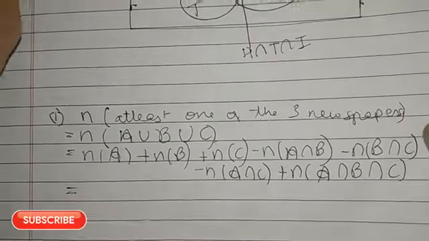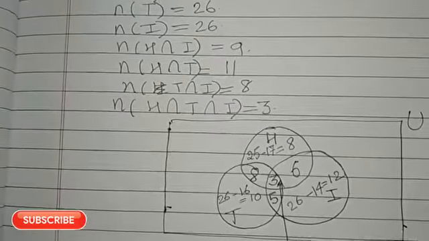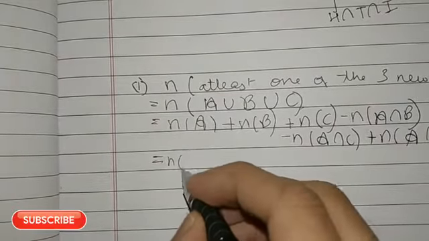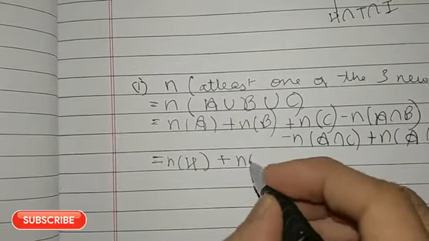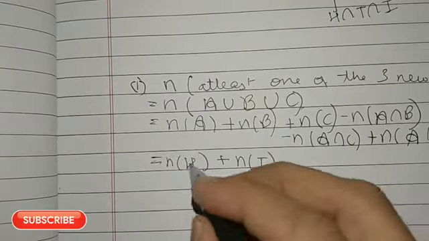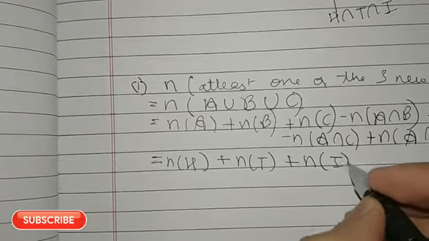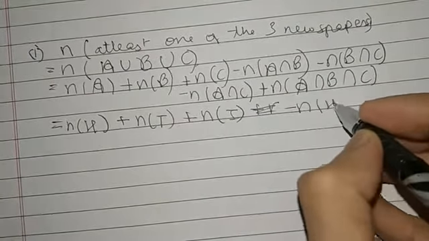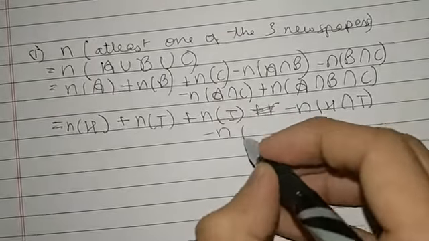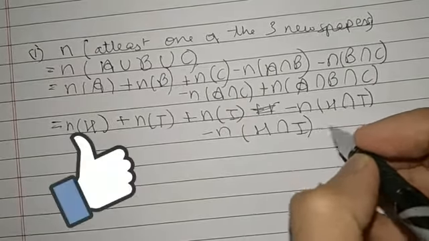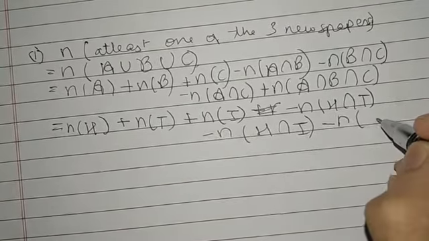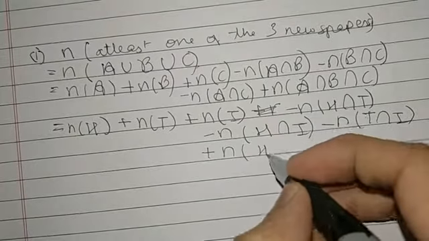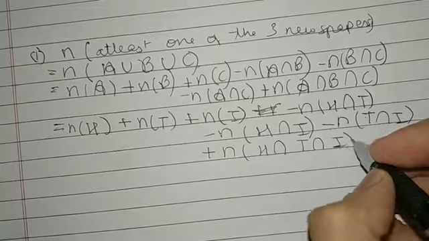But we are given the sets as H, T and I, so what you will get is NH plus NT plus NI minus NH intersection T, minus NH intersection I, minus NT intersection I, plus NH intersection T intersection I.